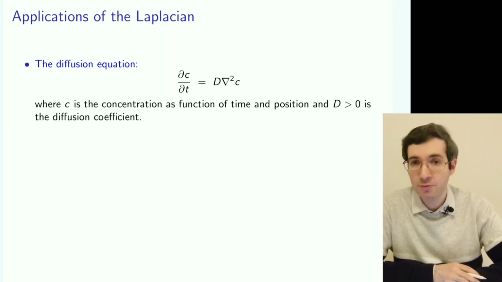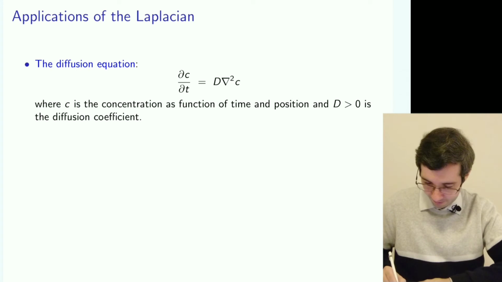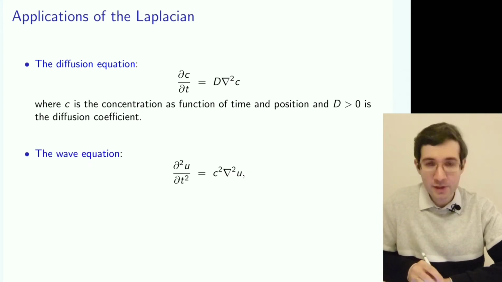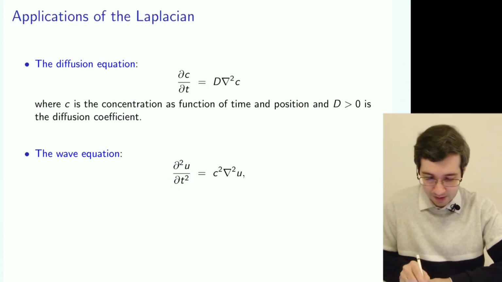And that's one of the powerful insights of mathematical models, that you can use the same methods, the same models, to describe totally different physical or engineering processes. And you can also think of the wave equation, with the important difference here that you have a second order derivative on the left.